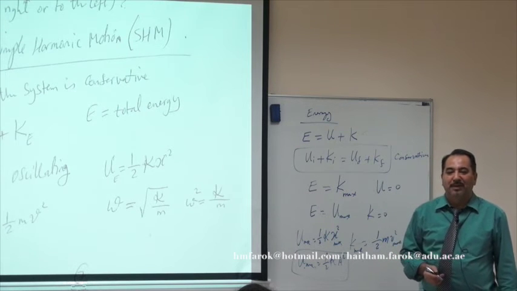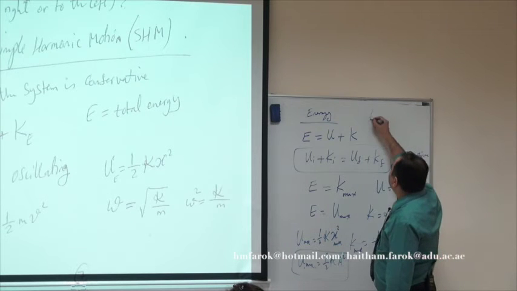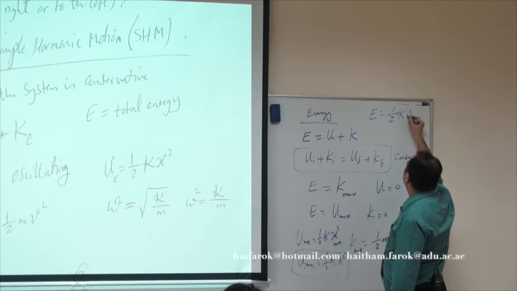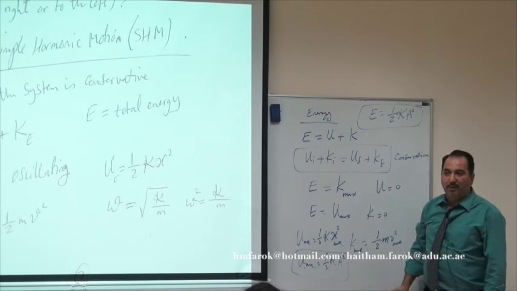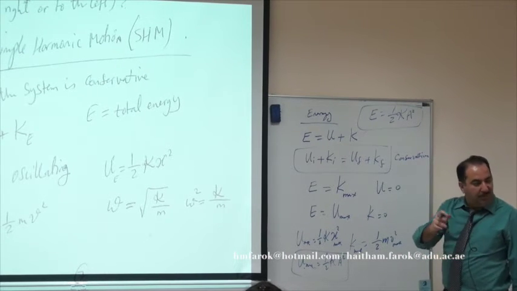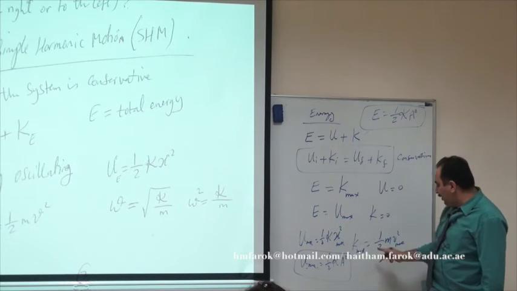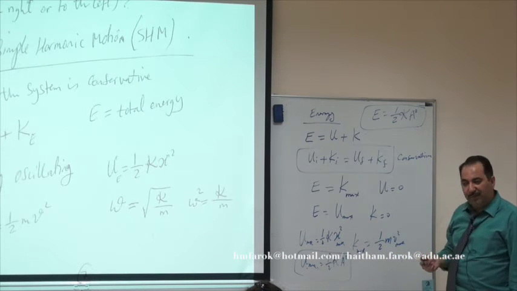Half kappa A squared, always. So total energy E is half kappa amplitude squared. Yes? This is always true. For a spring oscillating, the total energy of the spring is half kappa A squared. Of course, you can say half m v max squared, if you have v max.